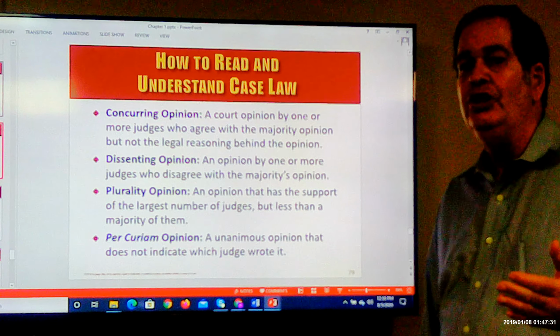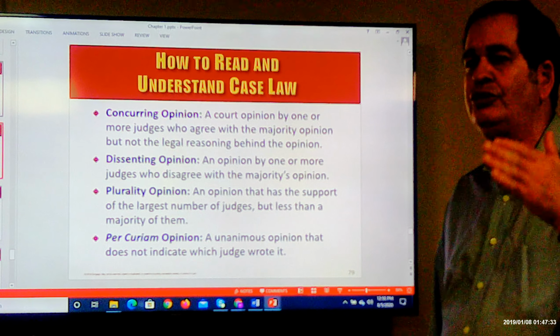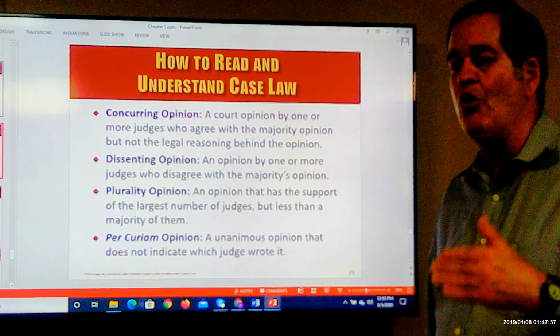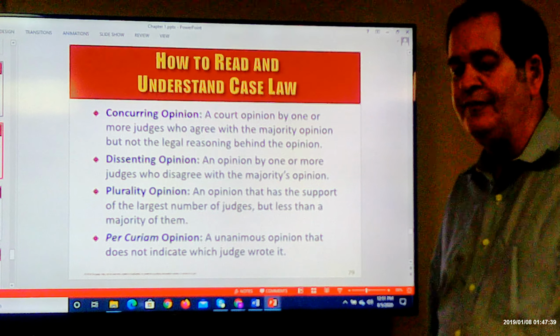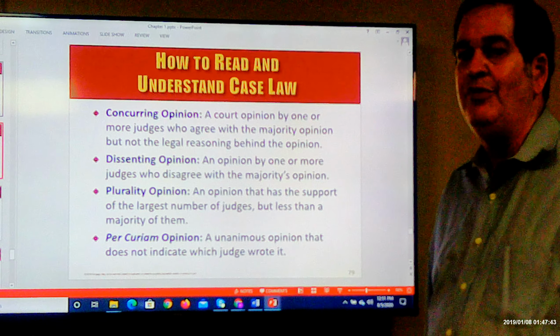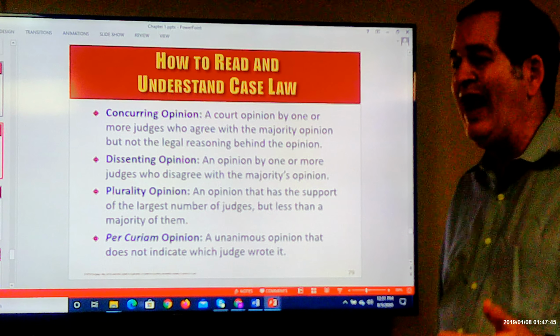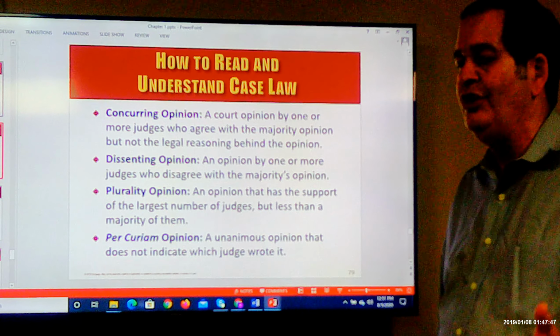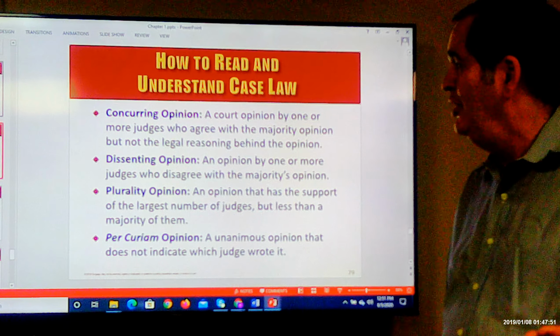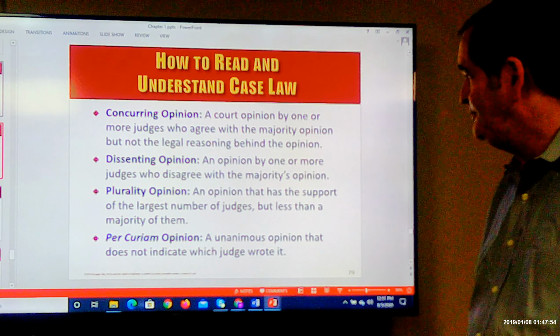In other words, show that it's limited to certain circumstances, certain facts, and that lower courts should not broaden it anymore or interpret it any more broadly than the actual facts of the case and the conclusion, the decision imply.